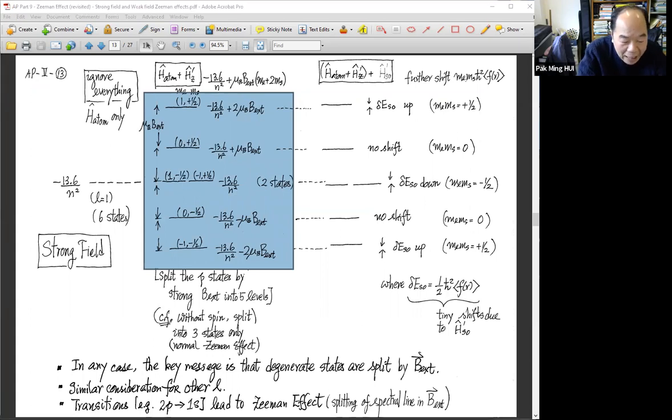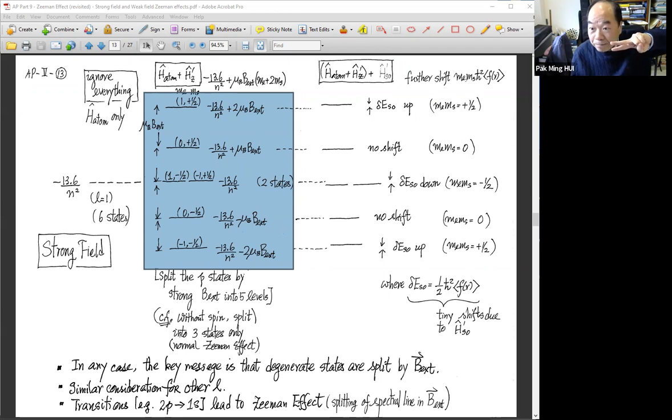Okay, the highlighted part is the important part because of strong field. Understand? Now let me tell you, this is the P state. You can do the S state, 1S for example, and you will see that it will go into 2 levels.